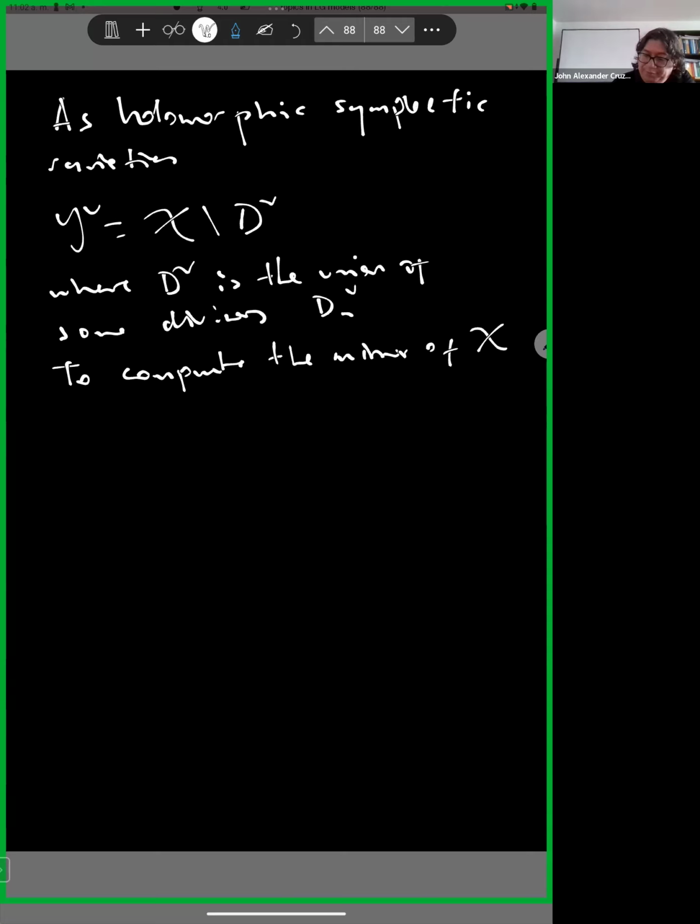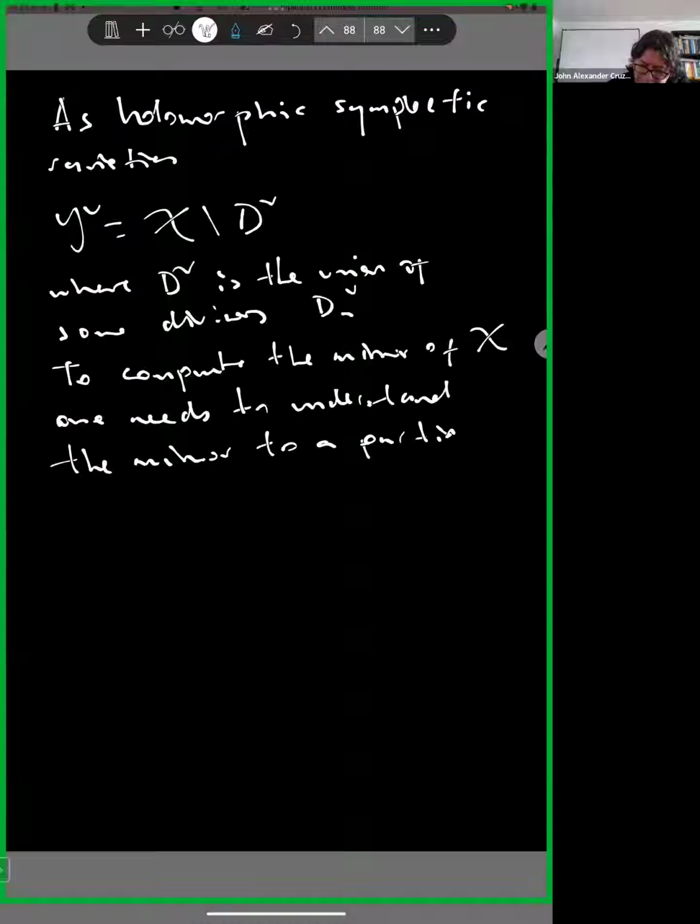So to compute the mirror of X, one needs to understand the mirror of partially compactifying Y check by adding in the divisors.